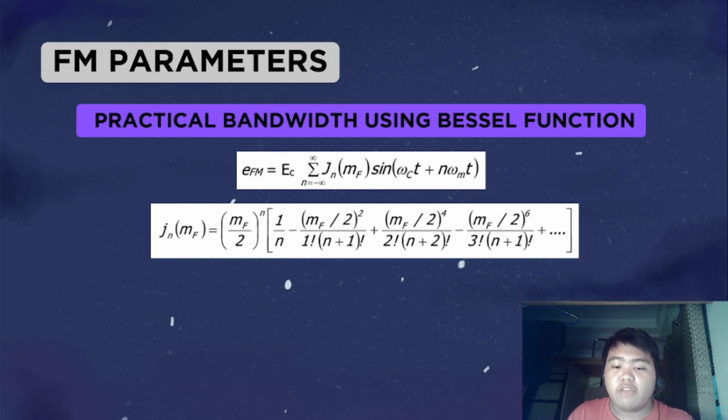Theoretically, the FM signal consists of a carrier and an infinite number of pairs of sidebands, each preceded by J coefficients, but only those sidebands with significant amplitudes are transmitted. In determining its bandwidth using the Bessel function, it is expressed as the product of twice the modulating frequency signal and the number of sidebands of an FM signal.